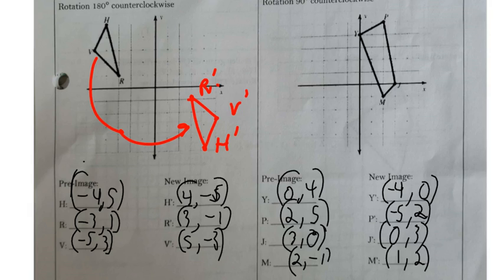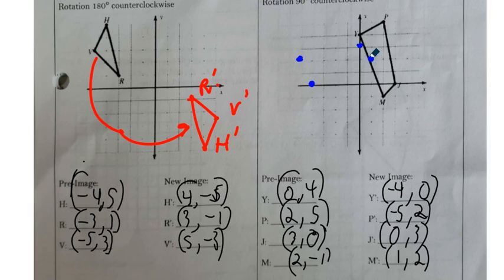Now let's put our points on the board. So negative 4, 0. Negative 5, 2. So that's going to be one more, and up 2. 0, 3. Right there. And 1, 2.